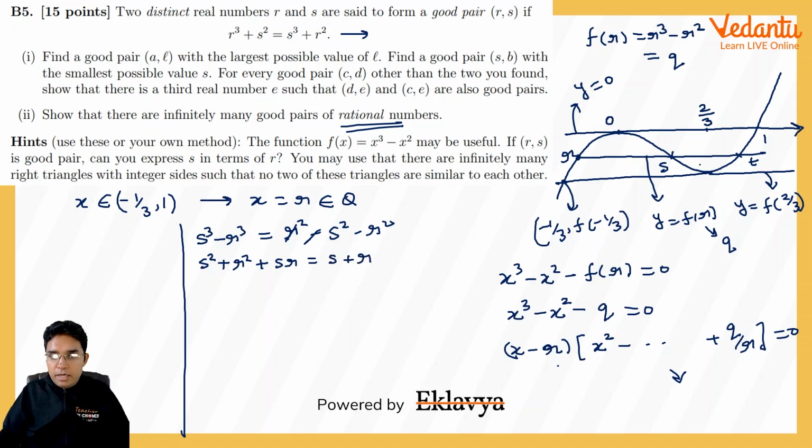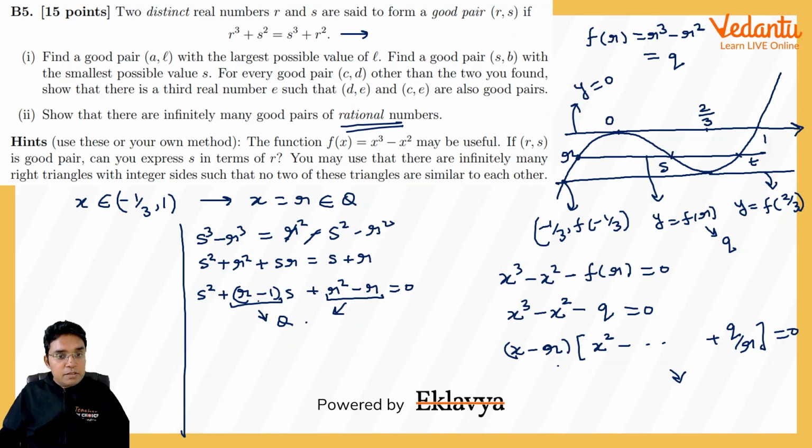Actually, r and s are different, so the factor s minus r will be cancelled, and here we get a quadratic in s, which is s square plus (r minus 1) into s plus r square minus r equal to 0. Let us check the calculation: s square plus (r minus 1) s plus r square minus r equal to 0. Here r square minus r will be rational, r minus 1 is also rational. They both are rational.